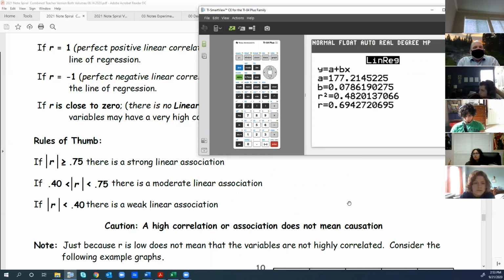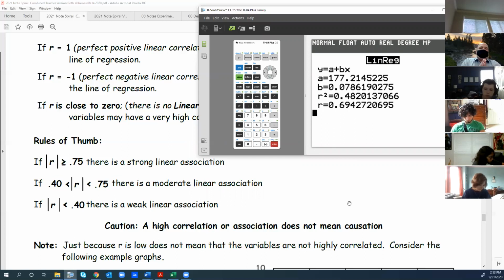If your R has an absolute value greater than 0.75, we say that there's a strong linear relationship. So in other words, if you have a positive 0.8, that's a strong linear relationship. If you had a negative 0.9, that would be a strong linear relationship.